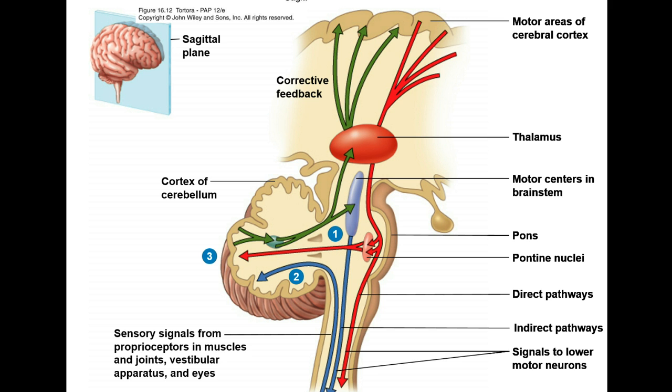Then you'll have the processing. Both of that will come together. The cerebellum will compare intended versus actual, and if needed, it can send corrective feedback out. Right? So it'll send corrective feedback all the way back up to the motor areas of the cerebral cortex, and then you'll begin the process again.